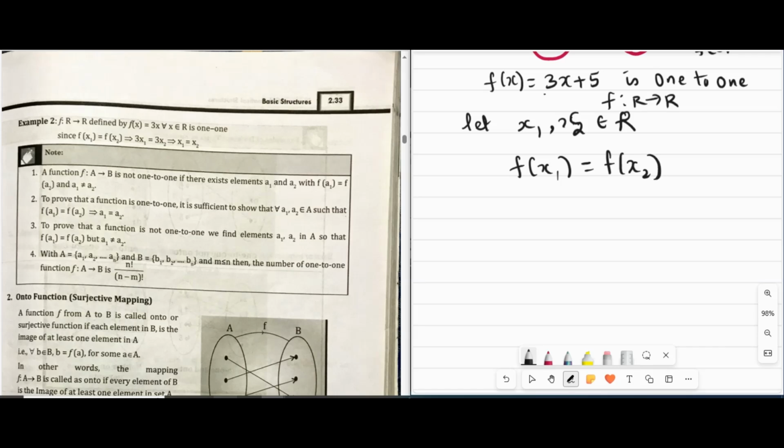So now 3x1 plus 5 equals 3x2 plus 5. Since 5 is common on both sides, it gets cancelled. So what will remain? 3x1 equals 3x2.